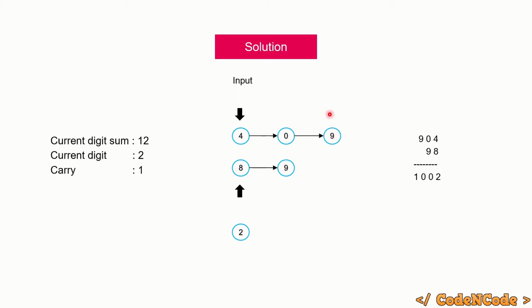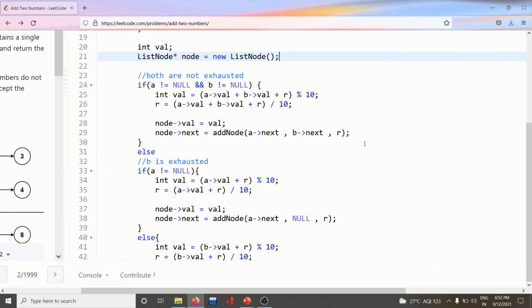For example, when this pointer reaches here, this will also reach here, but this will represent nothing. In that case only one of them is pointing to a list. Otherwise, when we move right to this, both of them will represent null. So we have three cases.